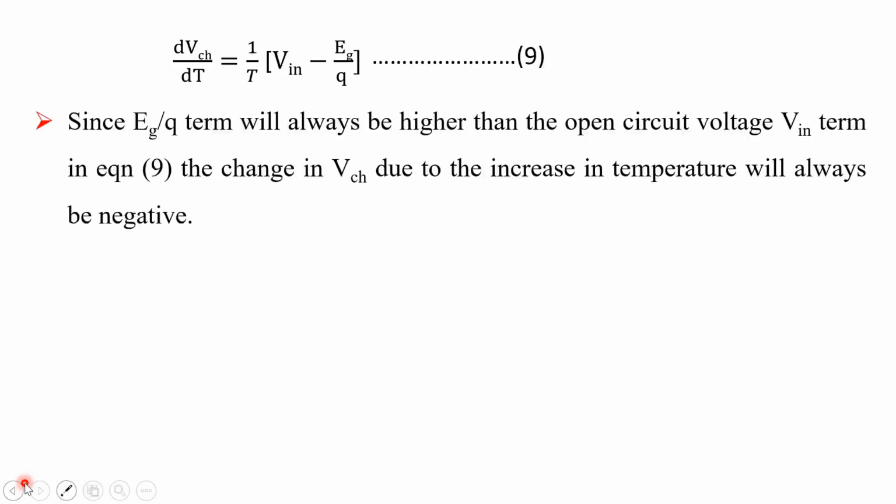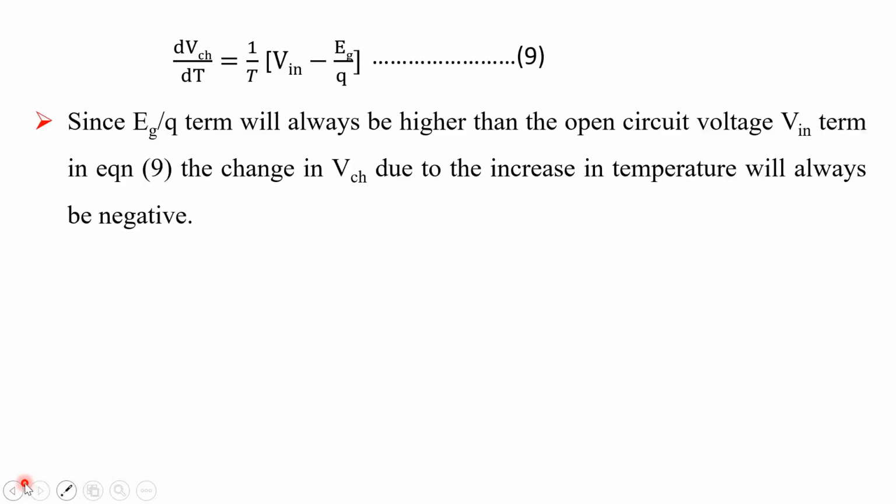Since the E_g upon q term will always be higher than the open circuit voltage V_OC, in equation 9 the change in V_OC due to the increase in temperature will always be negative.